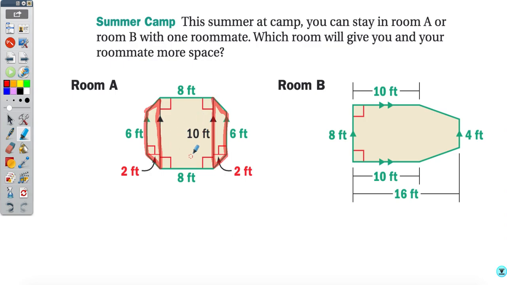And so I'm just going to do this so that I only have to find the area of 3 shapes, 2 of which will be the same. And then if I have the 2 trapezoids on the outside, that leaves me with the rectangle in the middle.